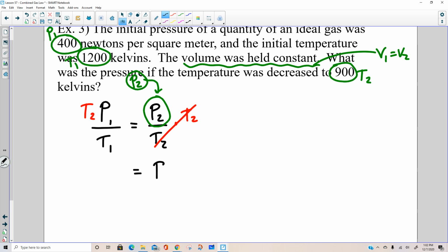So on the right side, I just have P2 equals. And let's see, somebody tell me what I should substitute in for the left side. So let's see, Noah, could you do that for me? Does your mic work?